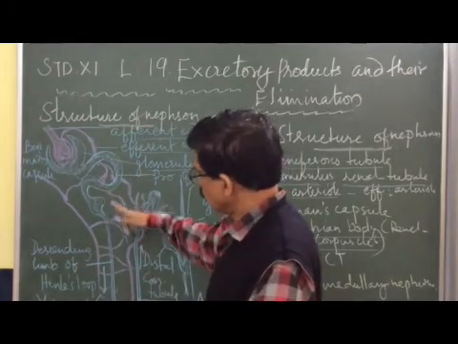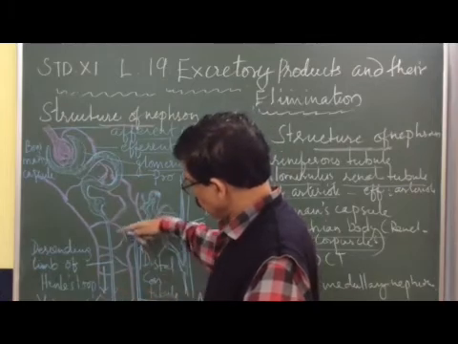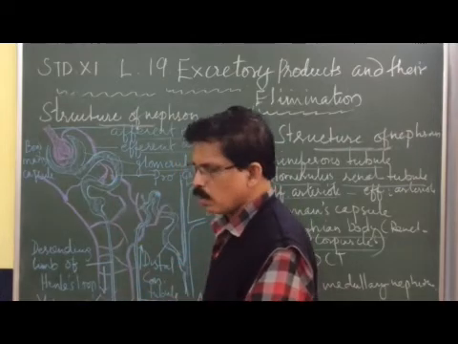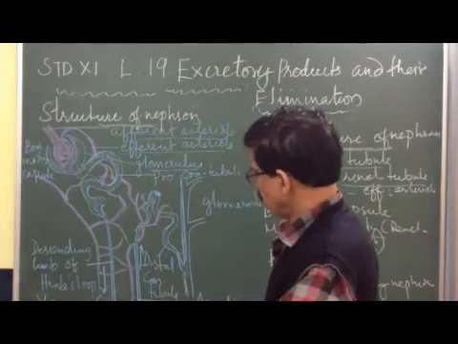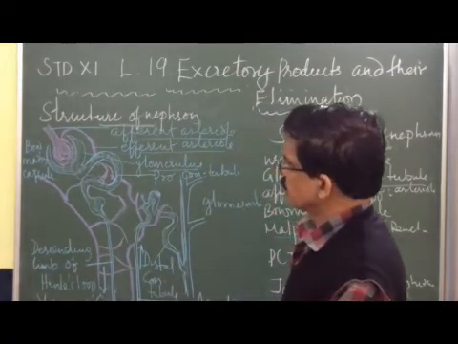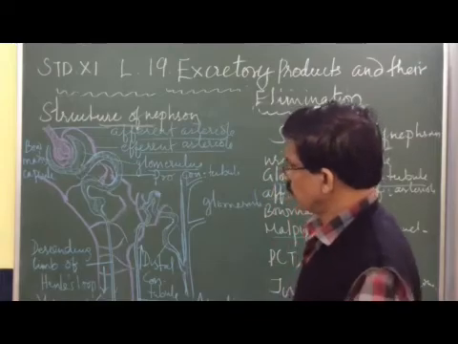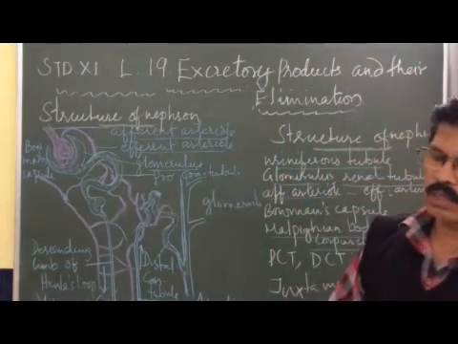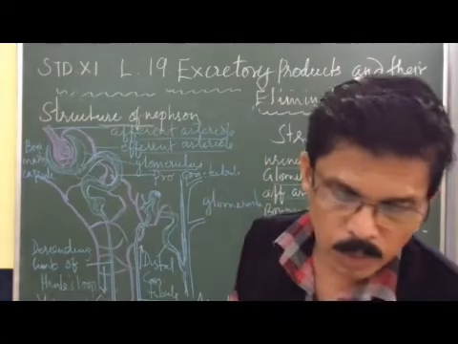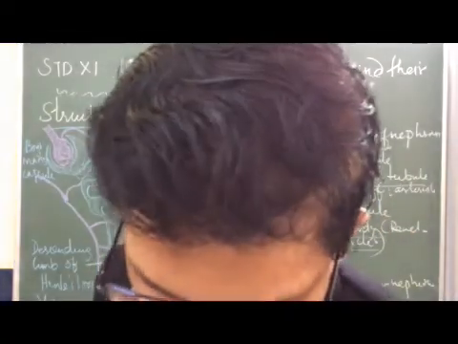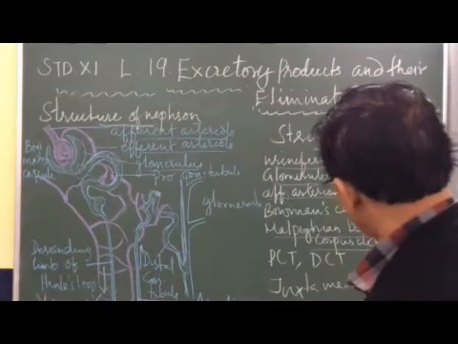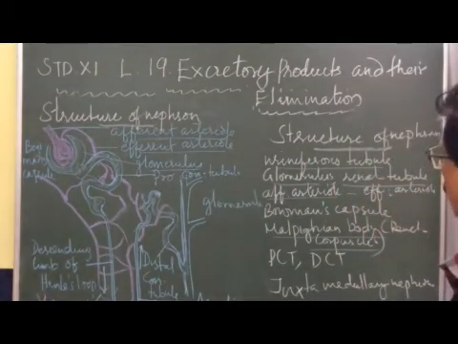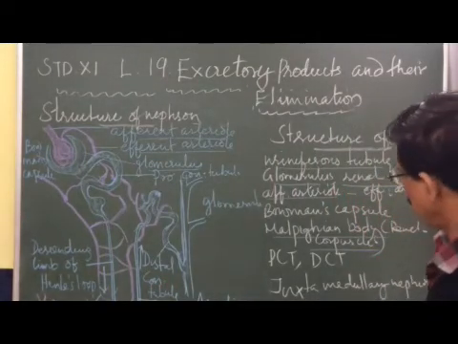So the very long renal tubule, the Henle's loop, projects into the medulla. Such Henle's loops which project deep into the medulla are called a juxtamedullary nephron.